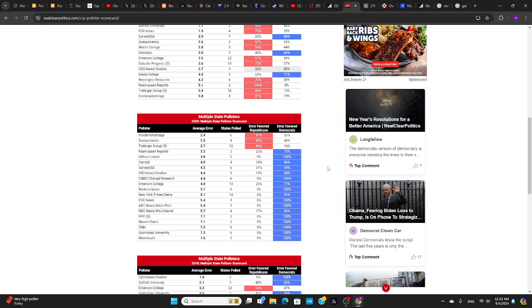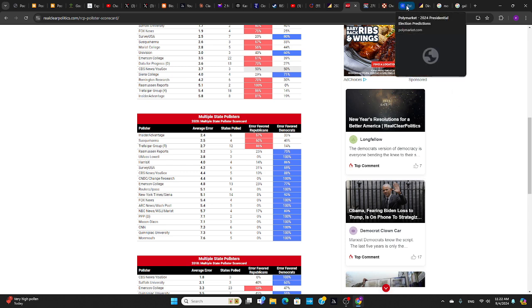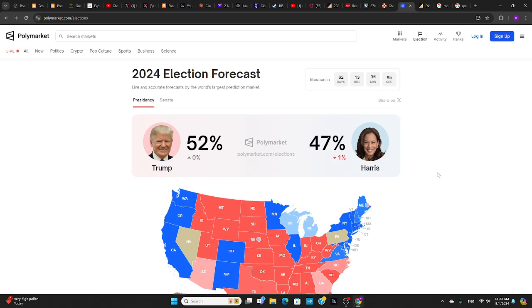Okay, so the next thing that you can look at would be the betting markets. So the most well-known one is Polymarket. So I will go here, and here we can see that there's a slight edge for Trump.